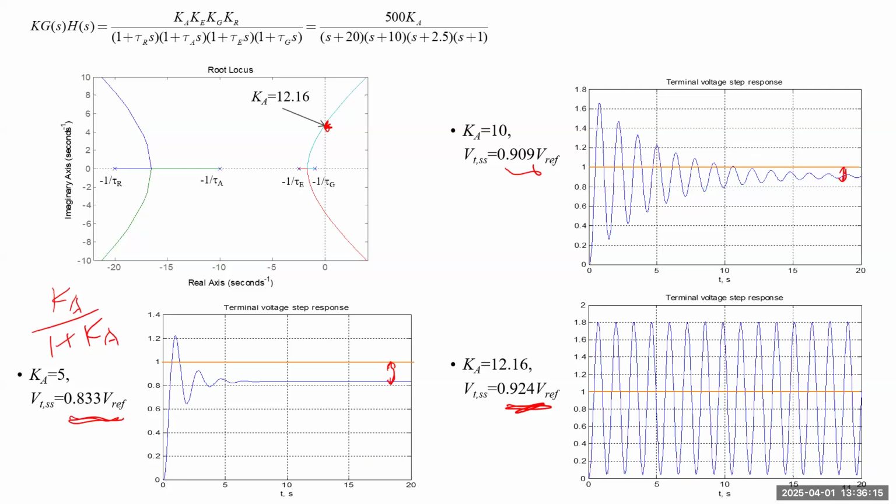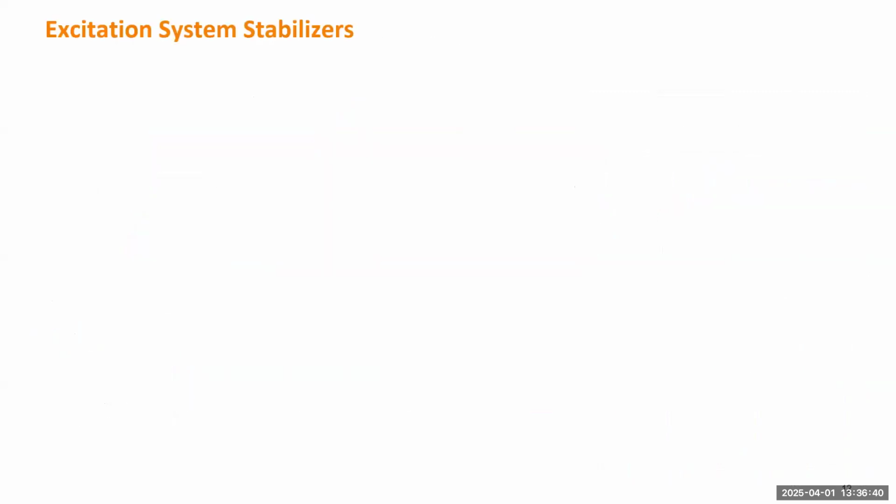So what can we do? For low frequency control, we still have AGC, right? But first of all, for the low frequency control, even without AGC, the frequency can still go back to a value very close to 60 hertz. But for this case, the voltage is very different from the nominal voltage.